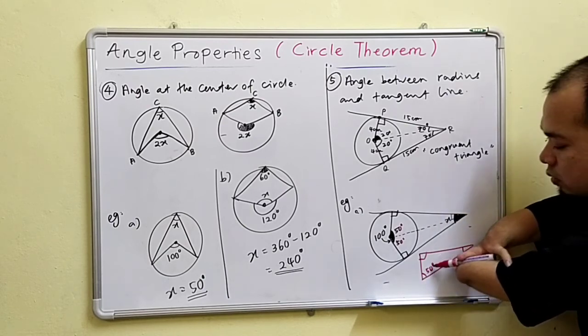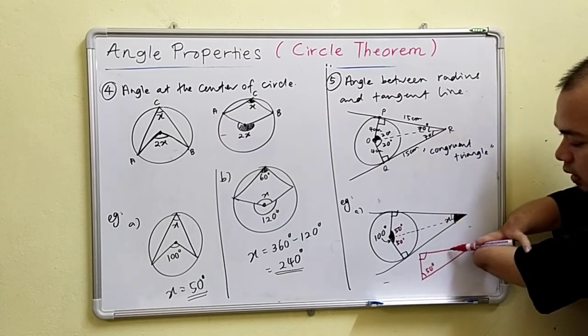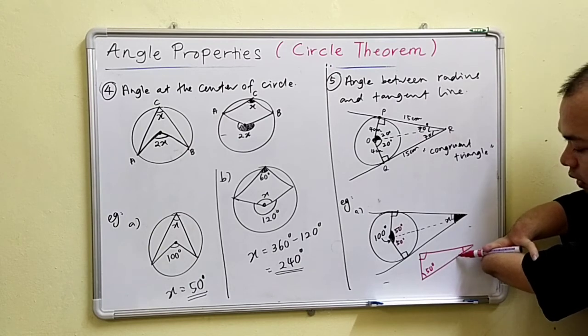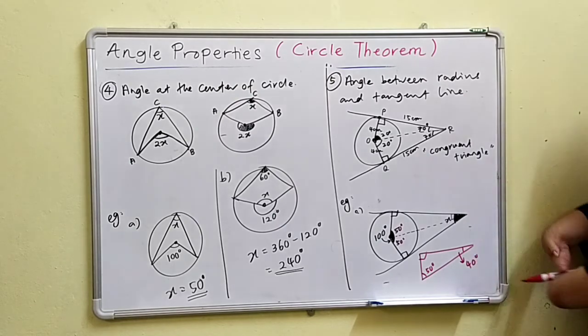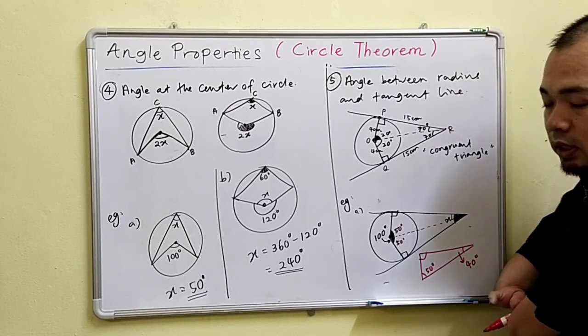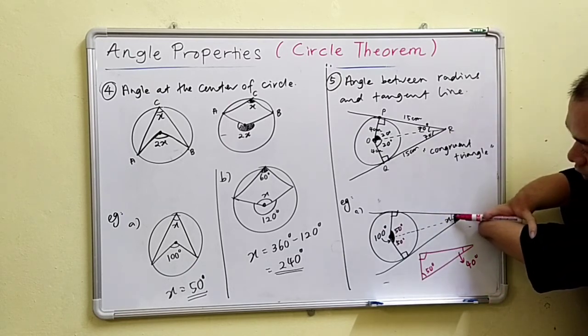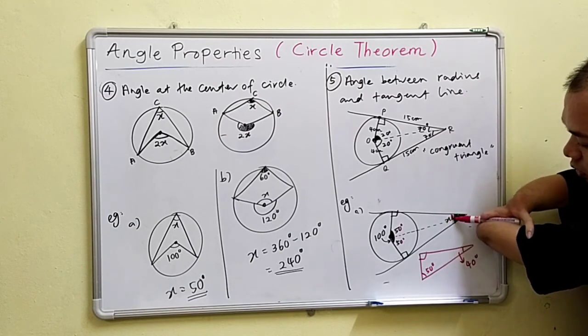So automatically we know that 50 plus 90 plus what is over here must be 180. By calculation, we know that the angle over here is 40 degree. 50 plus 40 plus 90 equals 180. So this 40 degree is the small angle over here.